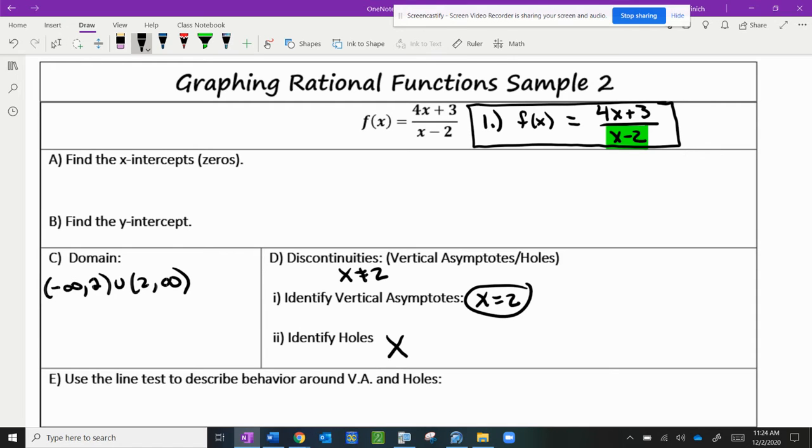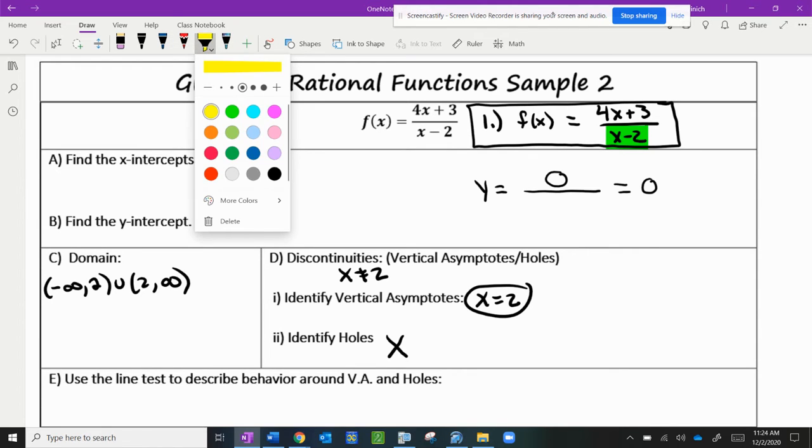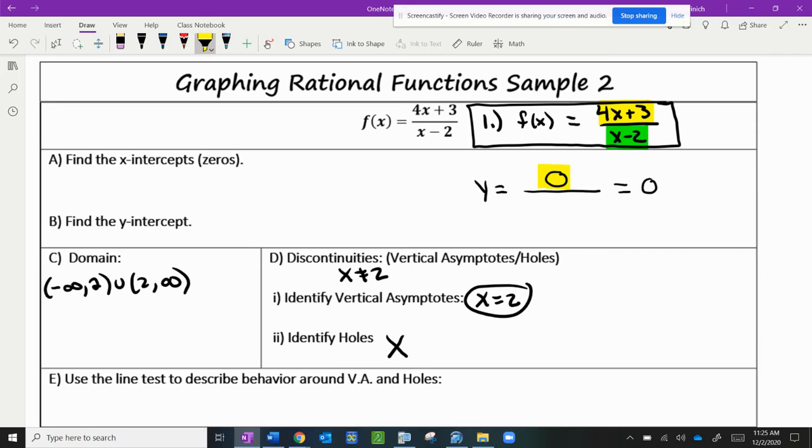Okay. The next thing I'm going to do is find my x-intercepts. Remember, with a fraction, if I'm looking at y equals, if the numerator is 0, then that outputs 0 for y. So whatever x value causes that numerator to be 0 is going to output a y value of 0, and that's an x-intercept.